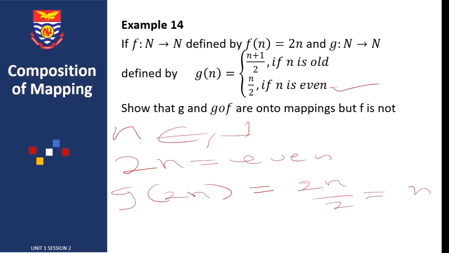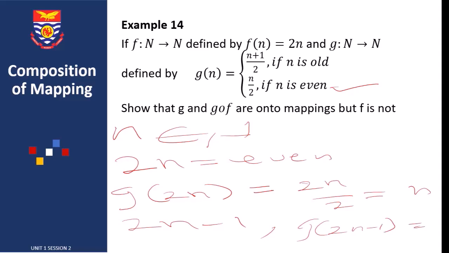Also, if n is odd, then guess what will happen? If n is odd, it implies that 2n minus 1 is also odd. Because you know that when you have an odd number and you multiply by 2, you get even. So when I take 1 out from that, I get odd. Then let's see g of 2n minus 1.